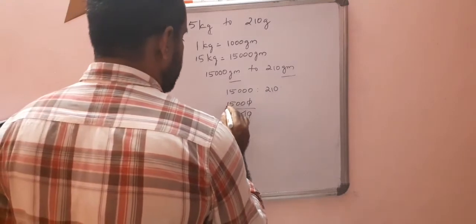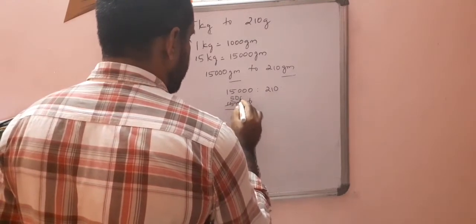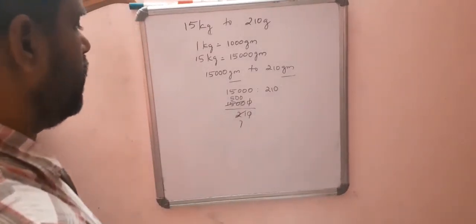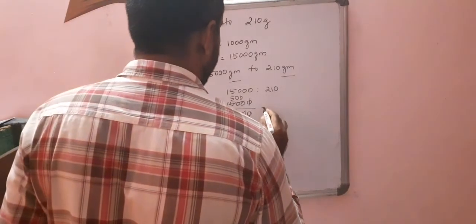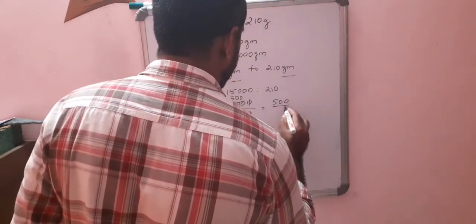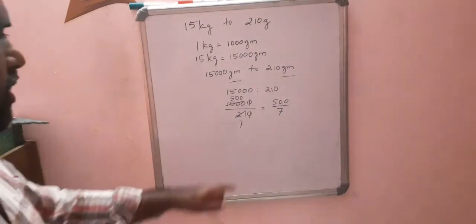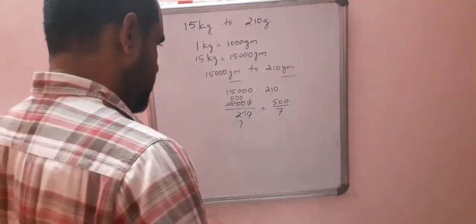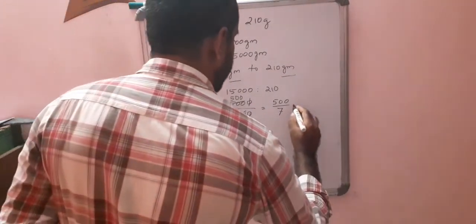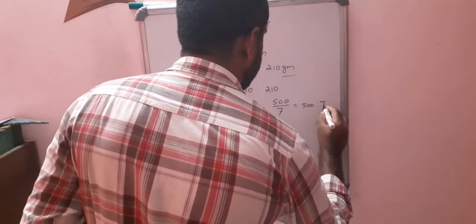So this will be 5 and then these two zeros, 500. So now it becomes 500 divided by 7. How can we write it as a ratio? 500 is to 7.